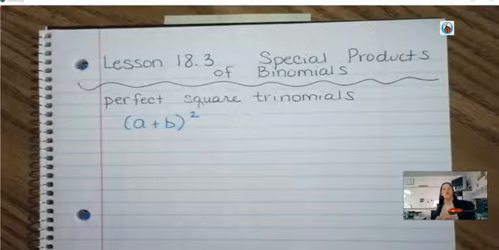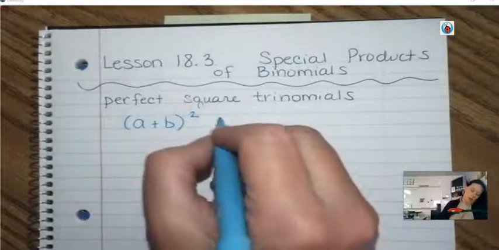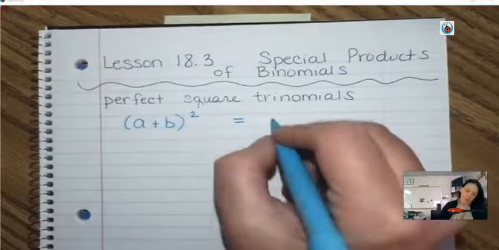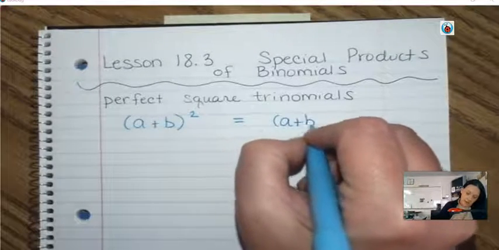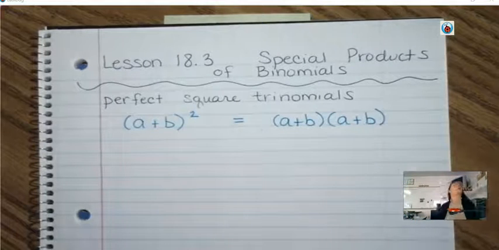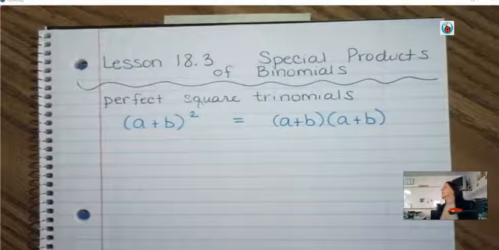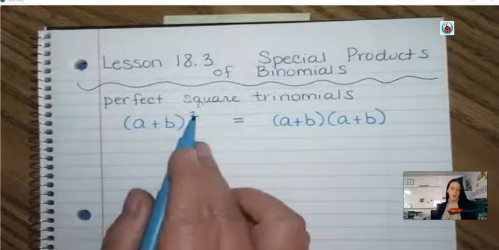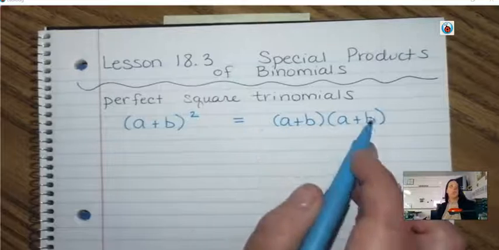So when I do FOIL, I use FOIL to actually solve this. This is what it looks like. So a plus b squared, that is just a plus b times a plus b. Anything squared is times itself. Like 7 squared is 7 times 7. X squared is x times x.